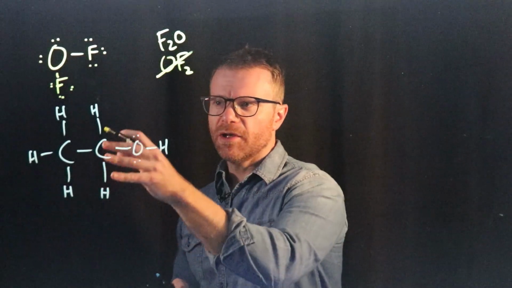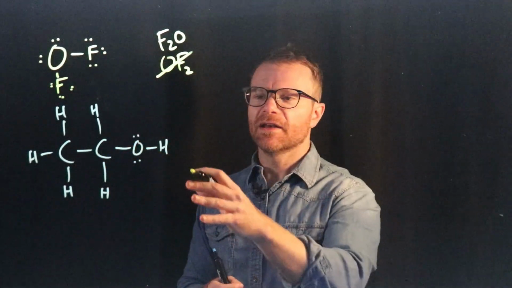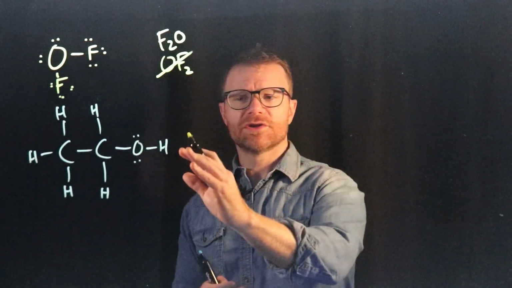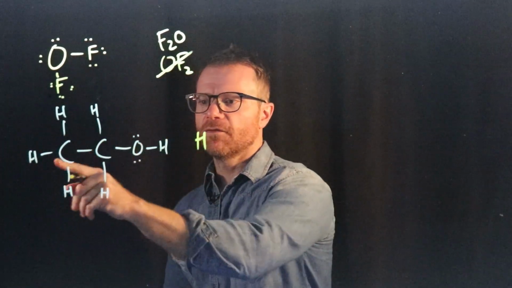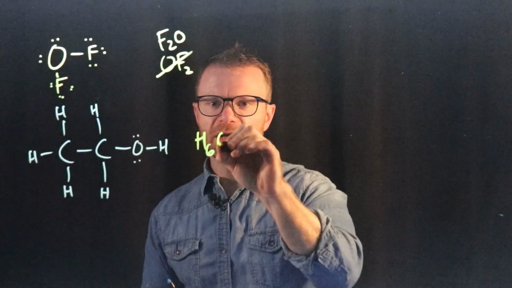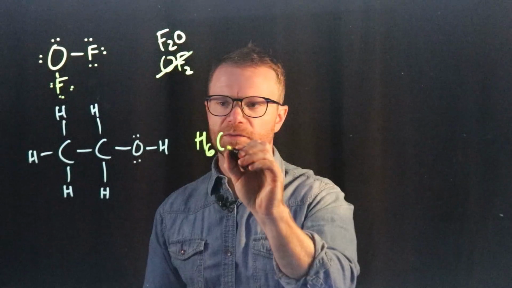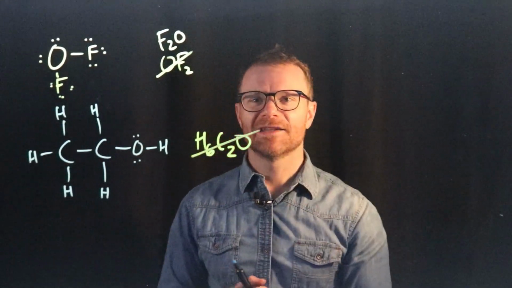If we were to look at carbon, hydrogen, and oxygen, we would determine that the least electronegative of these elements is hydrogen. So it should go first. So this should be something like H, and we've got 1, 2, 3, 4, 5, 6. H6, and then carbon, and there's 2 of them, and then oxygen. Actually, that's not right.